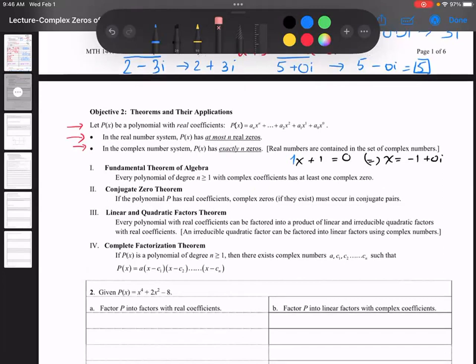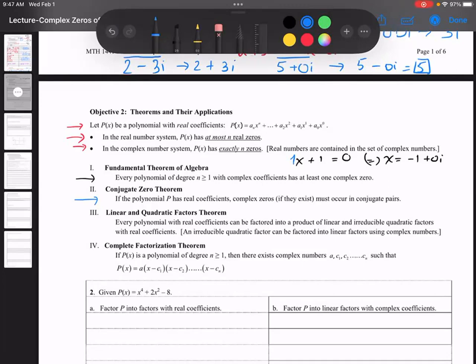Conjugate pair. The conjugate zero theorem is that if the polynomial P has real coefficients, complex zeros, if they exist, must occur in conjugate pairs.